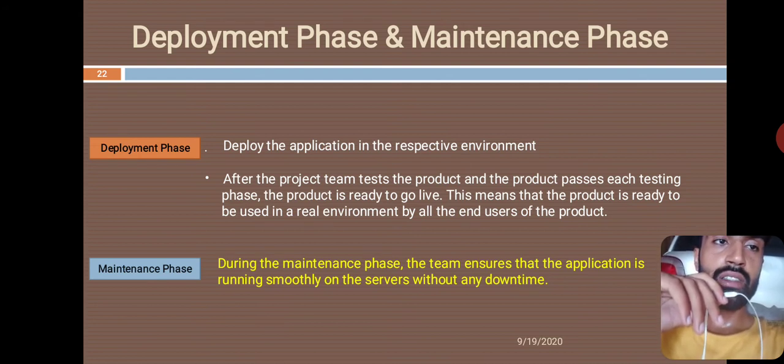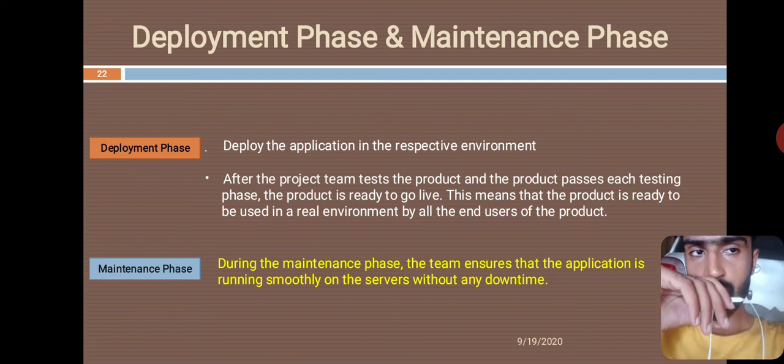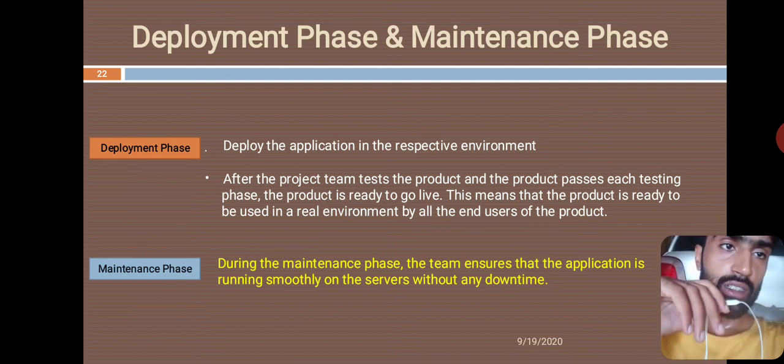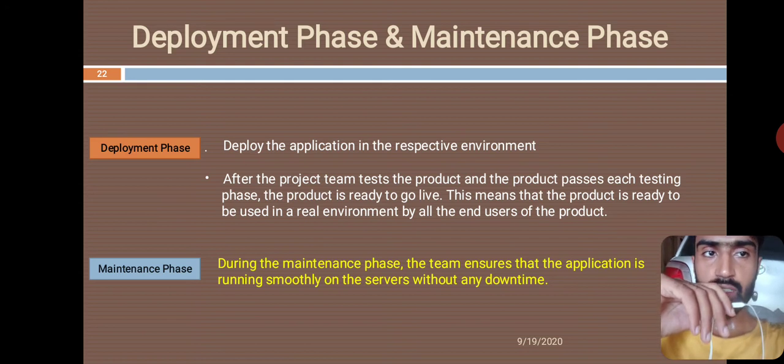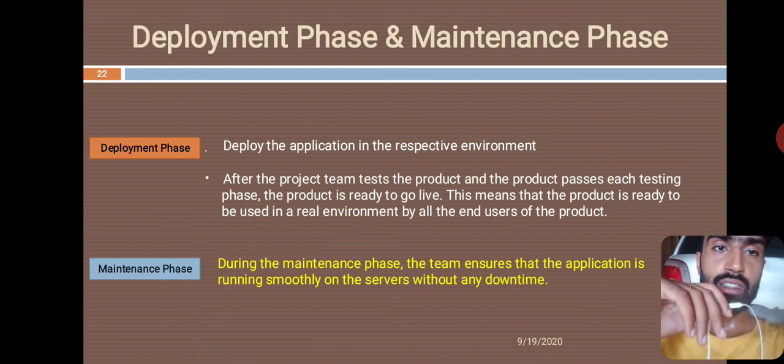This means that the product is ready to be used in a real environment by all the end users of the product. Maintenance phase: during the maintenance phase, the team ensures that the application is running smoothly on the server without any downtime.